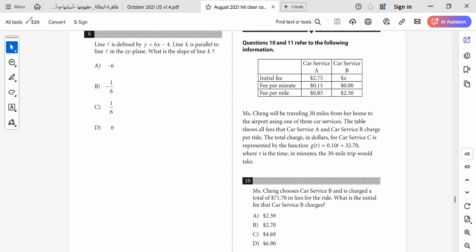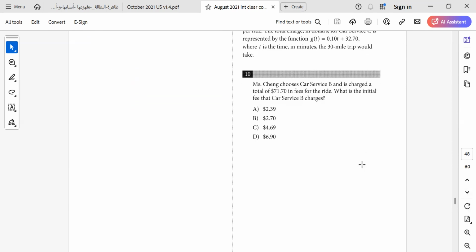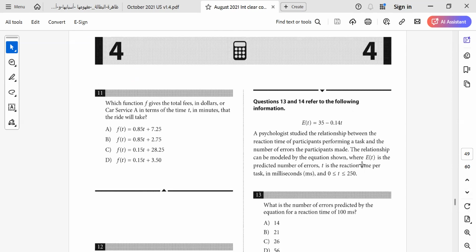Okay guys, up to 15. Question number 11. Based on this table, for sure. Question 11 is asking which function f gives the total fees in dollars.